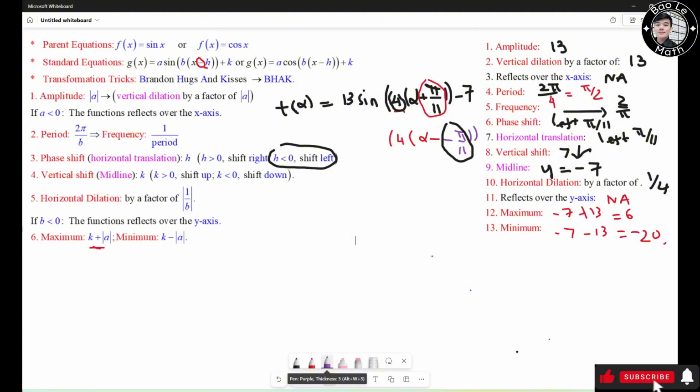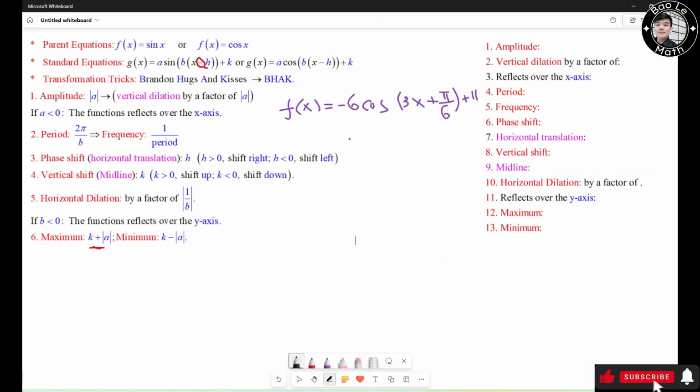The maximum plus the minimum, 6 plus negative 20, divided by 2, must be equal to the midline, right? So it's going to be negative 7 right here, because 6 plus negative 20 is negative 14, divided by 2. It's going to be negative 7. So this is right. Now let's move on to the next one.